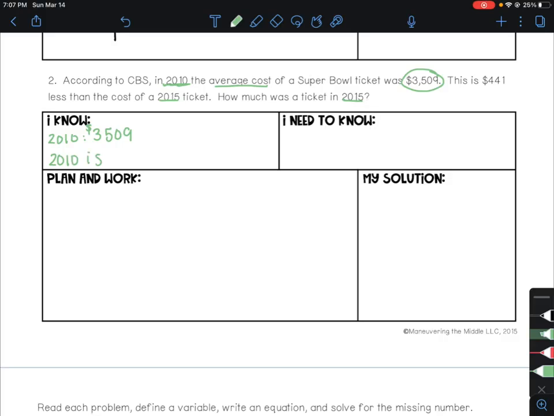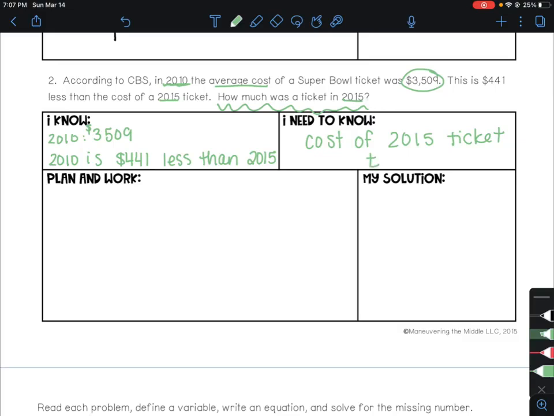So 2010 is $441 less than the 2015 price. What we don't know, what we're trying to find, is how much a ticket was in 2015. So I need to know cost of 2015 ticket. We don't know it, so let's represent it with our variable. I'm going to use T for ticket.